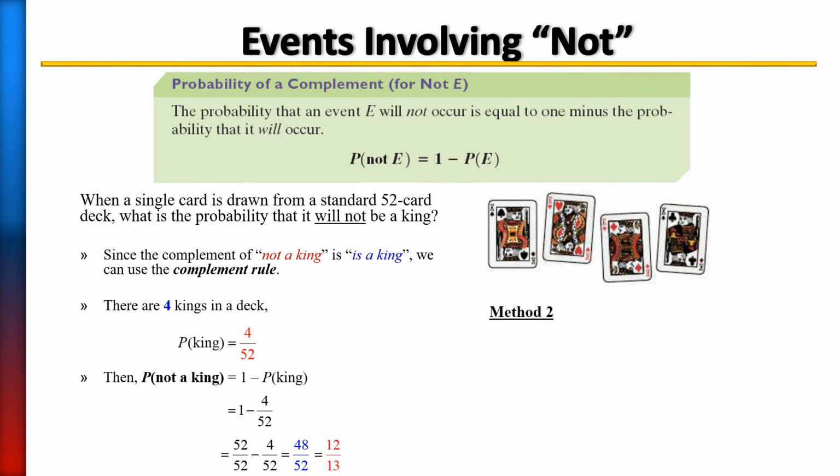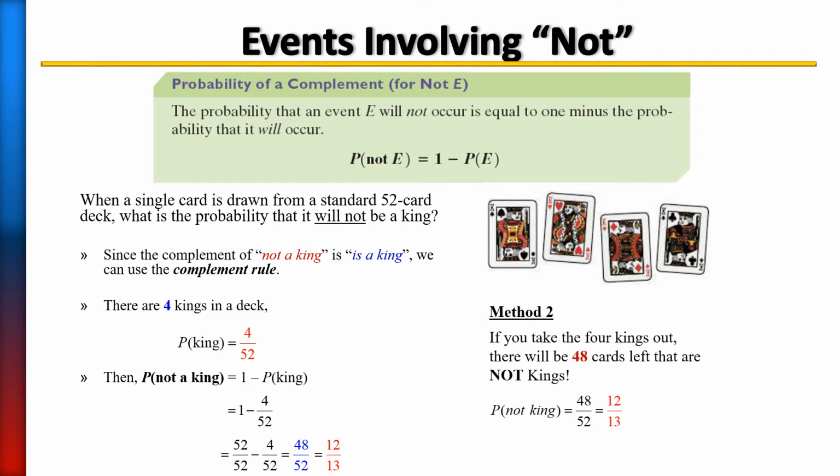And when you take them out of the deck of cards, that's going to leave you with 48 cards out of 52. When you reduce that as a fraction, it reduces to 12/13. Okay, so I just want to show you how this method works. Of course, you can solve it whatever way works best for you or that makes sense.